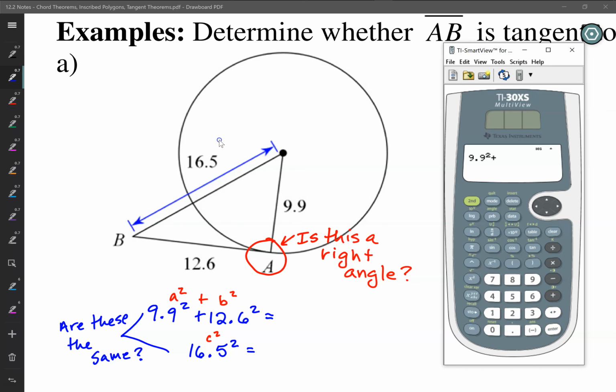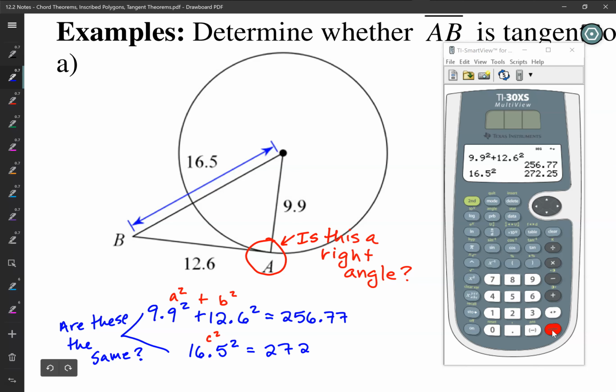9.9 squared plus 12.6 squared is 256.77. 16.5 squared is 272.25. Well, those aren't the same. That means that a squared plus b squared is not equal to c squared.